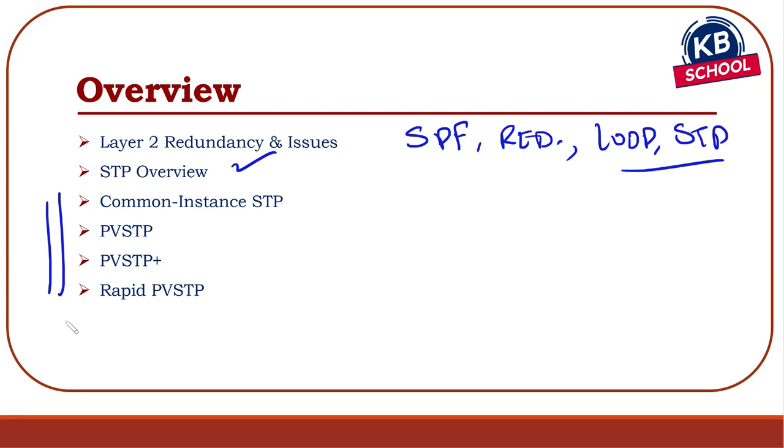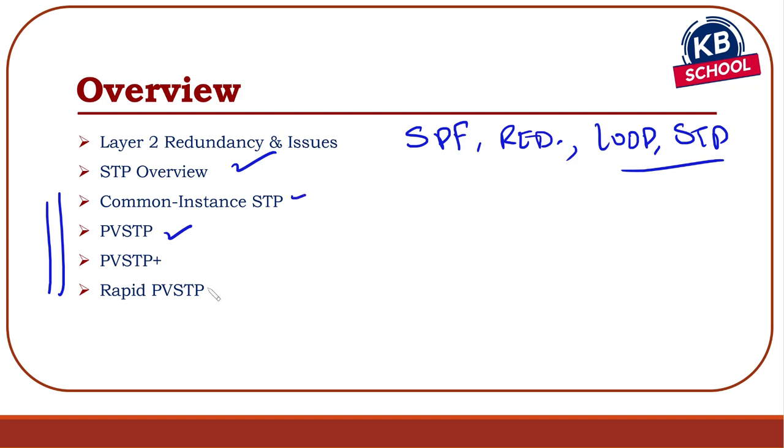All right, that allowed me the ability to utilize all the links on my switched environment, not for the same VLAN, but for other VLANs. So link 1 might be blocked for one VLAN, but it's forwarding for the other one. So load sharing capabilities. This was something that everybody liked.